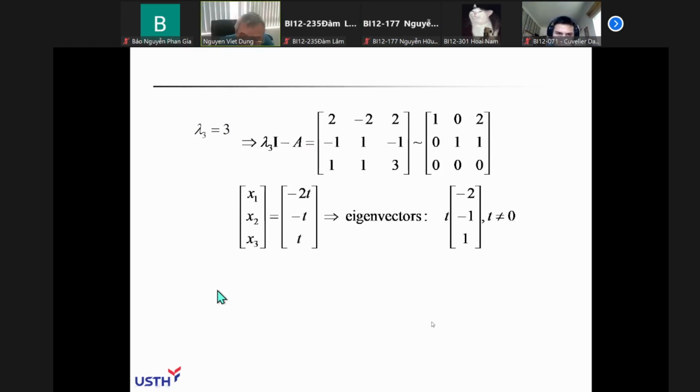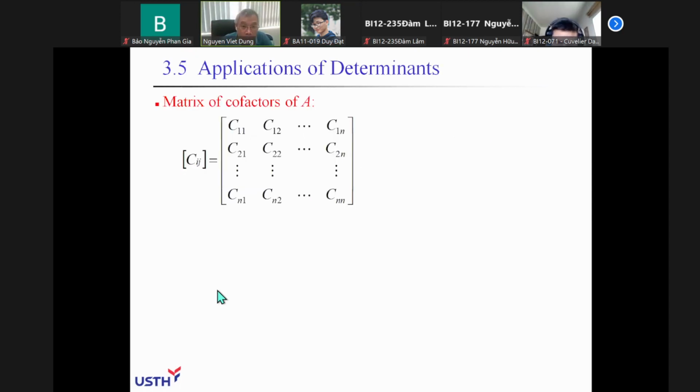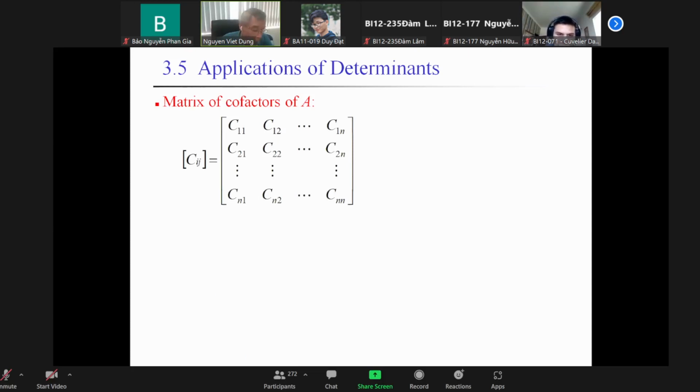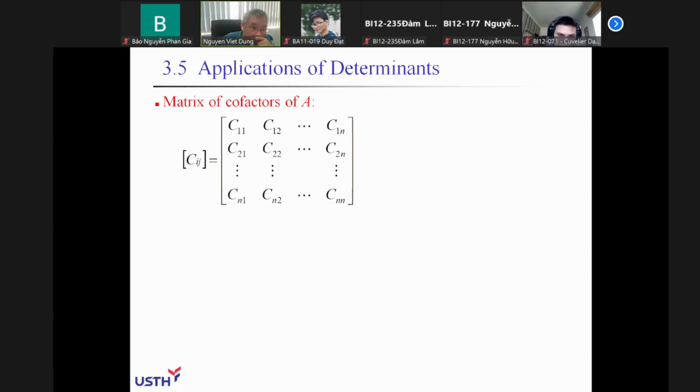So let me continue. We stop about eigenvalue and eigenvector here, and we're coming back to that later. And now I explain to you some application of determinant. First, suppose that we are given a square matrix A of size n by n.